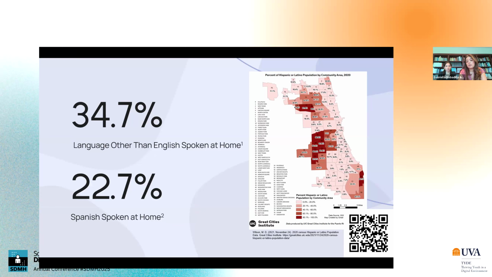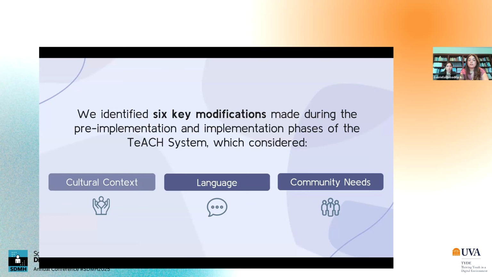As you can see in the graph on this slide, a lot of our Spanish-speaking families reside on the south and west sides communities in which we've implemented the Teach system. So we identified 6 key modifications made during the pre-implementation and implementation phases of the Teach system, which considered cultural context, language, and the needs of the community.